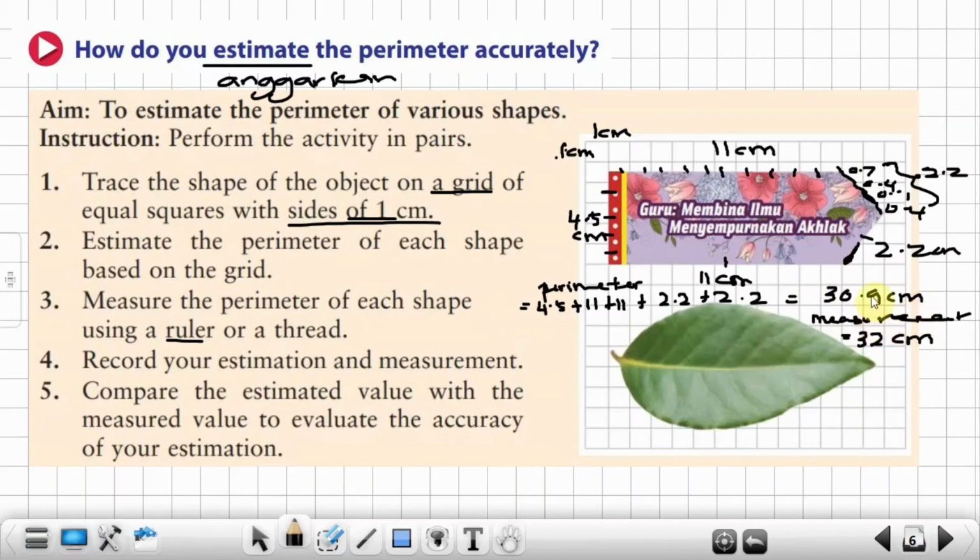If the difference between the estimated and the measured perimeter is not big, we can say that your estimation is accurate. The accuracy is high. But if the difference is bigger, then the estimation is low in accuracy.